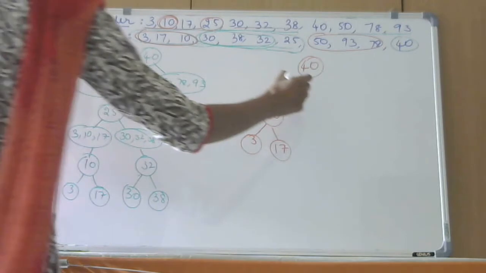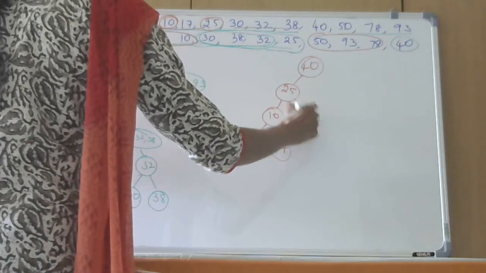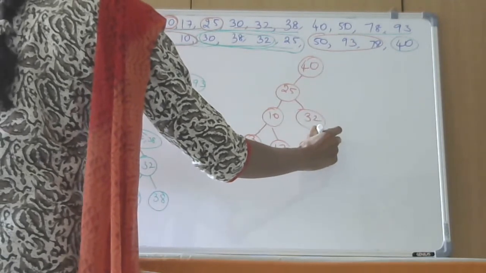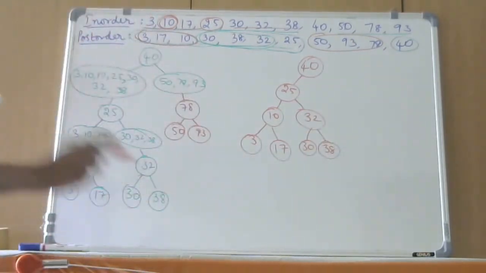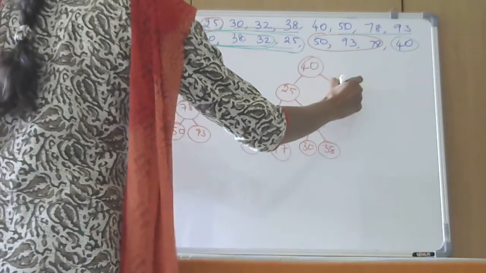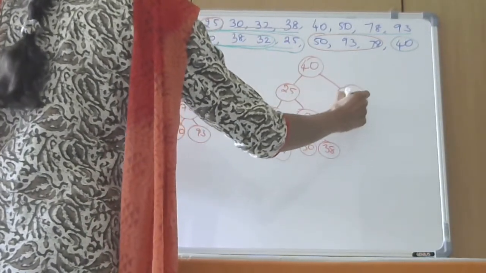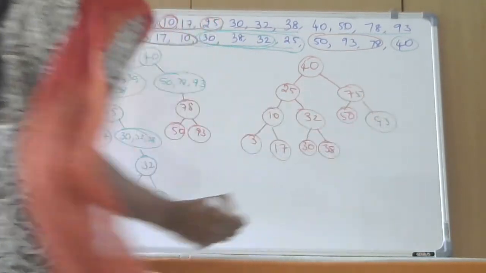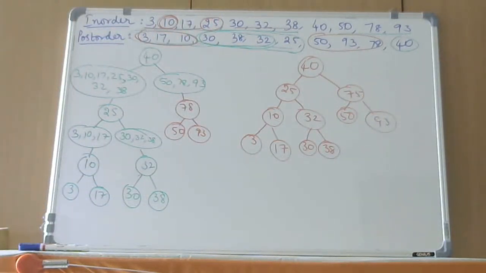After 25 we have 32, 30, 38. Coming to the right subtree, we have 75, 50, 90. So this becomes your final tree, given the in order and the post order.